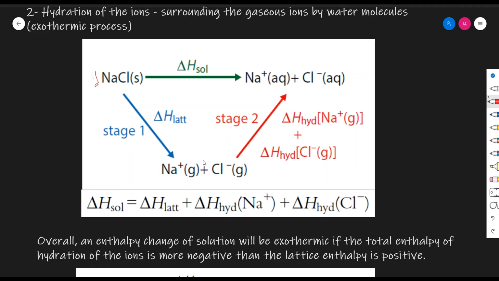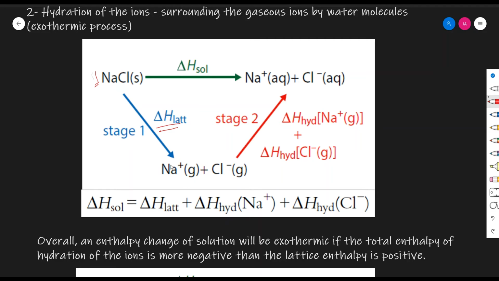What we would place here is the gaseous ions to construct such a cycle. Once we place the gaseous ions here and link the ionic solid to the gaseous ions, this represents the definition of the lattice enthalpy of ionic substances, which is the enthalpy change when 1 mole of an ionic solid is broken into its gaseous ions, and this process in this direction is always endothermic.